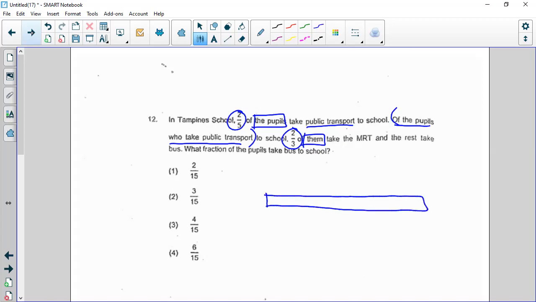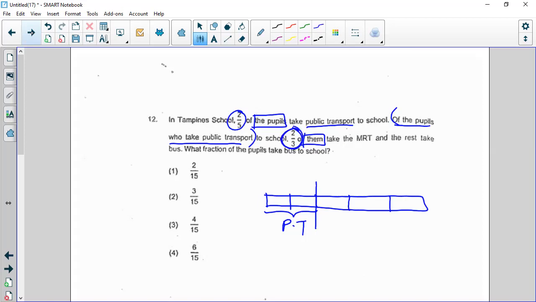Look at the first fraction. The first fraction is talking about all the pupils, 5 boxes. And 2 boxes take public transport to school. 2 boxes. And of course, the rest of them, and then where's the remainder? The remainder is here, right? And 2/3 of those pupils who take the public transport, if you look at this fraction, it's talking about what?